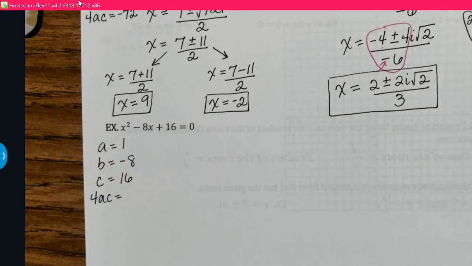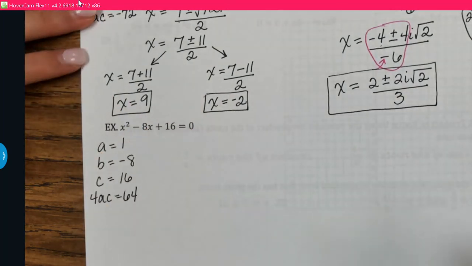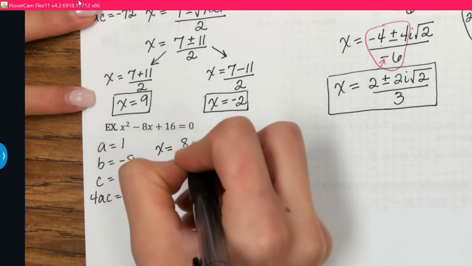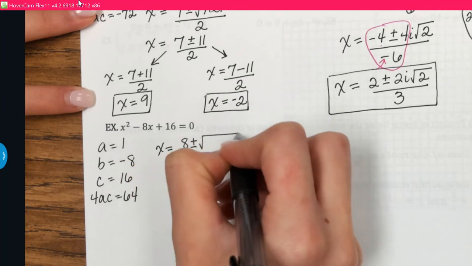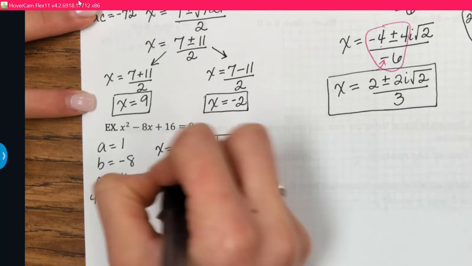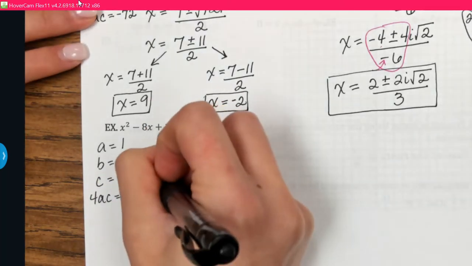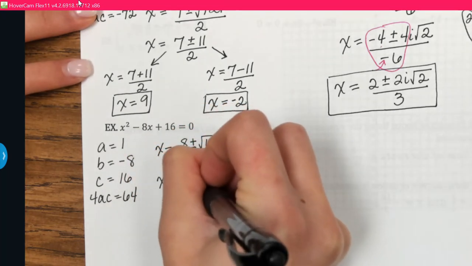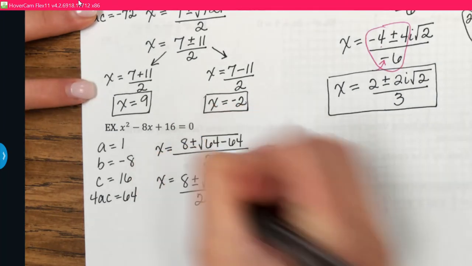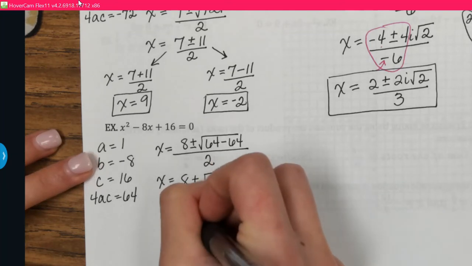So 4 times 1 times 16 will give you, so you've got x equals what? 8 plus or minus square root of 64 minus 64 all over 2. So I've got 8 plus or minus square root of 0 over 2. Well, square root of 0 is 0, so x is just equal to 4.